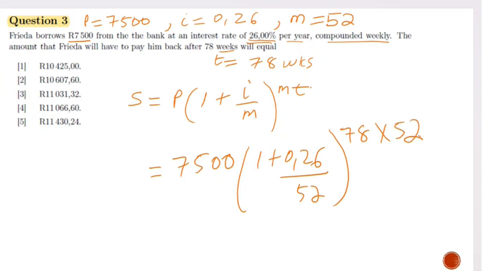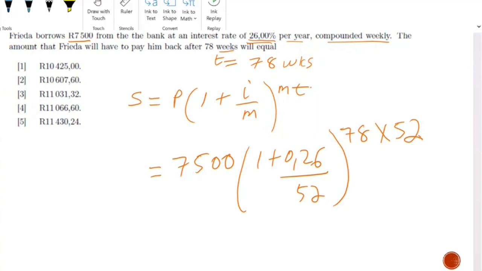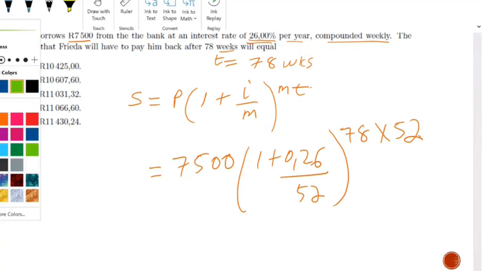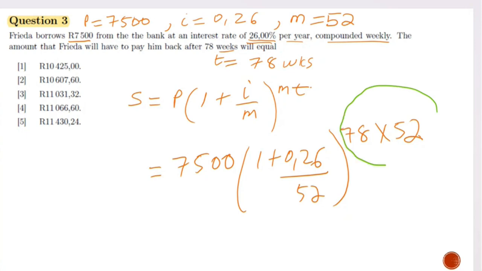Let's talk about this. Is this correct? Because what I've just done was just to substitute. Following the same process, is this correct for me to take the 78 weeks and multiply it by another 52 weeks? Am I correct there? And maybe why?